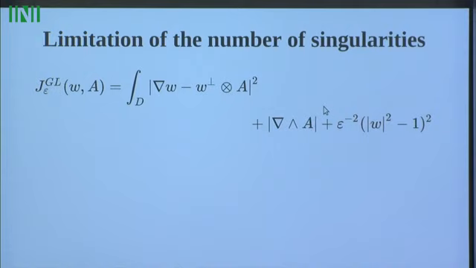Okay, so next we have another problem, because well, with this kind of trick we can reconstruct shapes that include a lot of singularities, but from the practical point of view we do not want a lot of singularities.